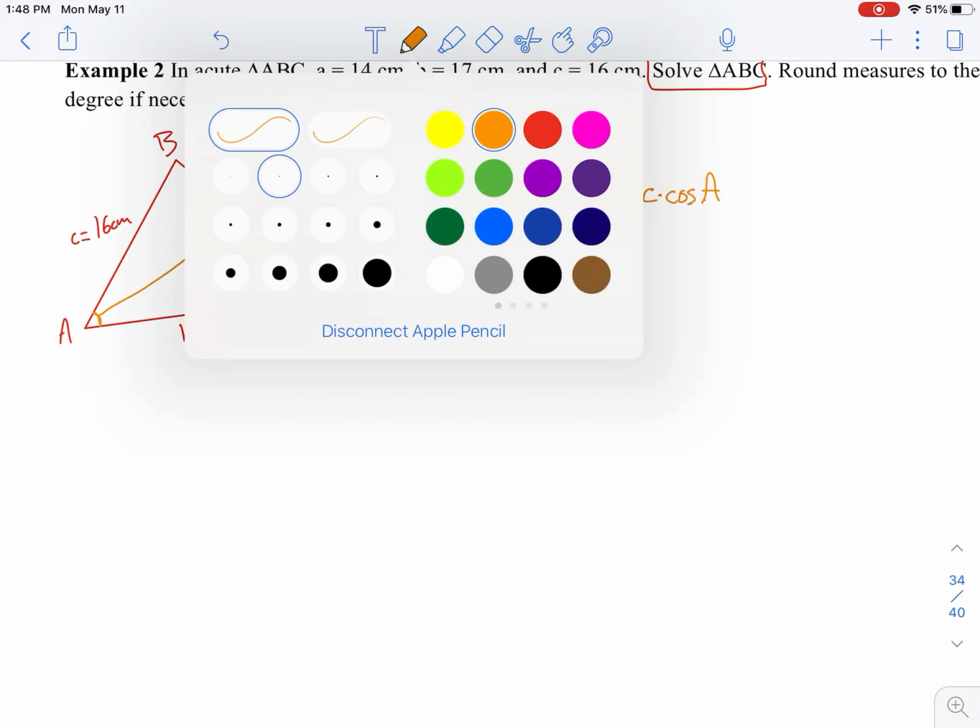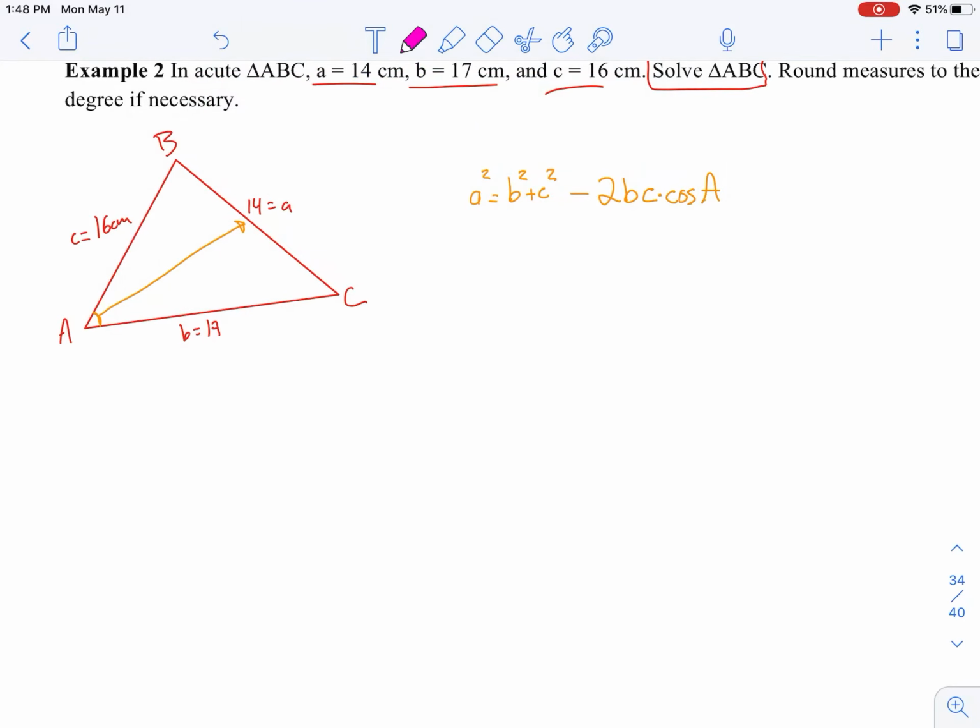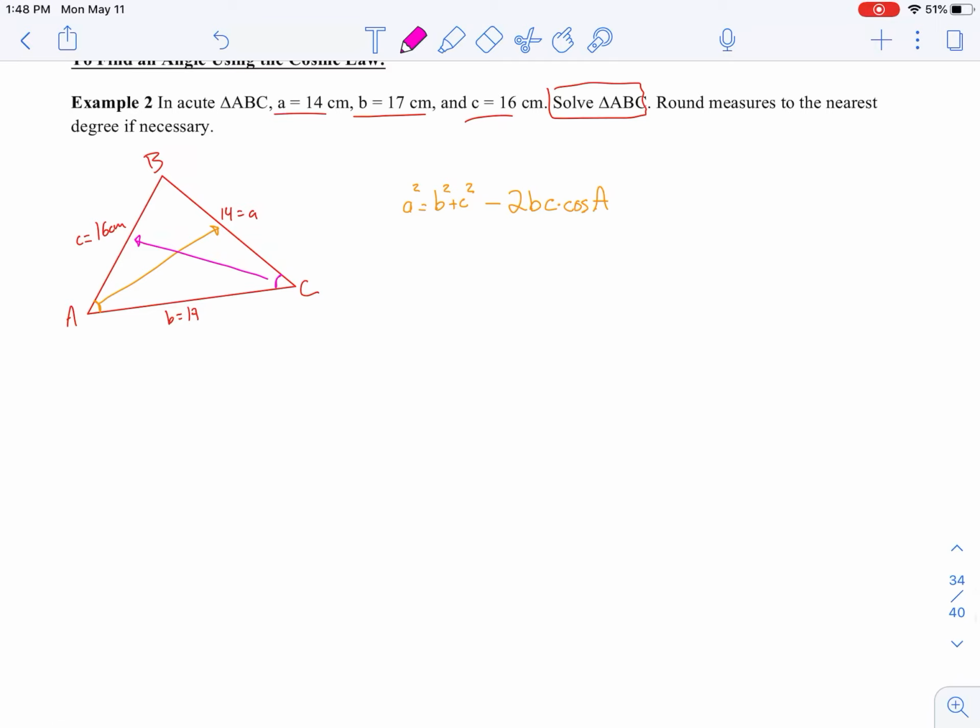Let's say I happen to not solve for A first. Let's say I happen to try to solve for C first. If I was setting up this equation to solve for angle C, then it's important that if I have angle C on this far side, cosine of C, it matches up to whatever letter or side length is on the left-hand side of this equation.